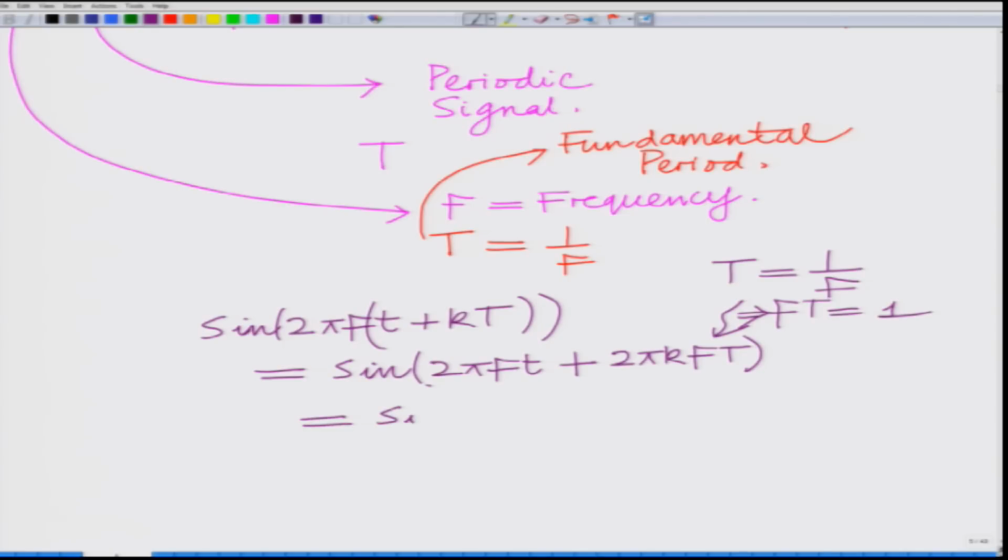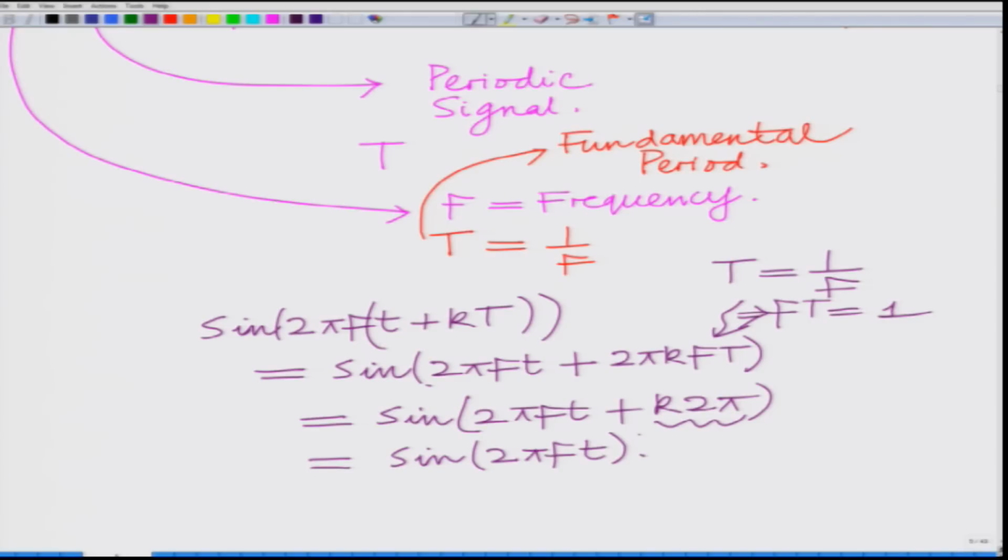So, this is sin of 2 pi f t plus k times 2 pi. Sin of x plus k times 2 pi is simply sin of x. So, this is sin of 2 pi f t.